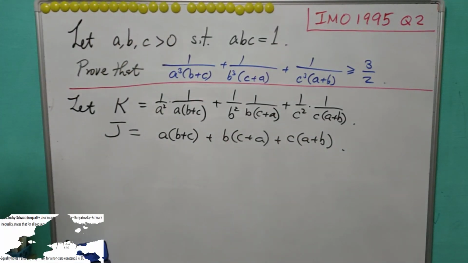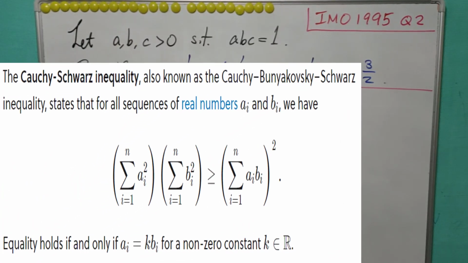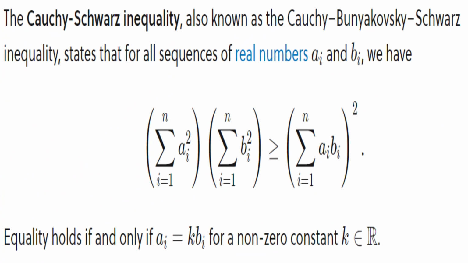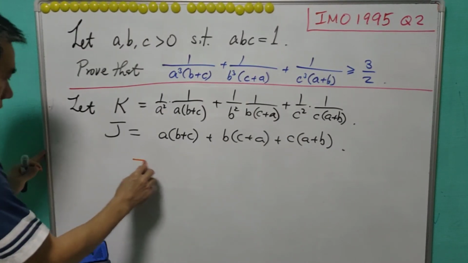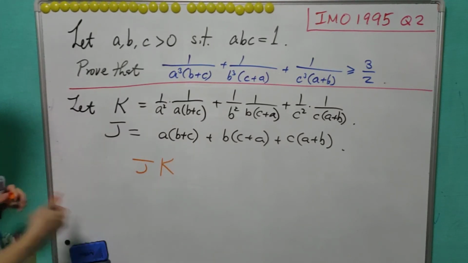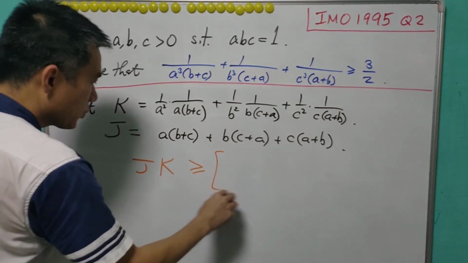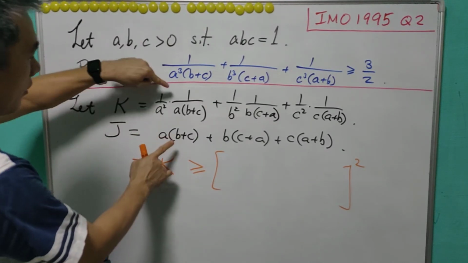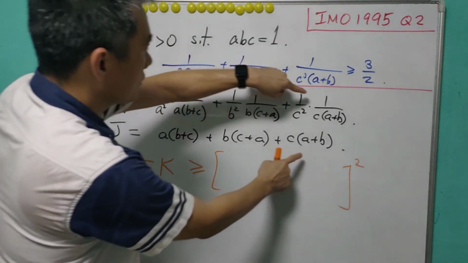Recall that for the Cauchy inequality, the summation of ai squared times the summation of bi squared is greater than or equal to the square of the summation of ai bi. So this means that j times k will be at least the square of the sum of the products of the terms.